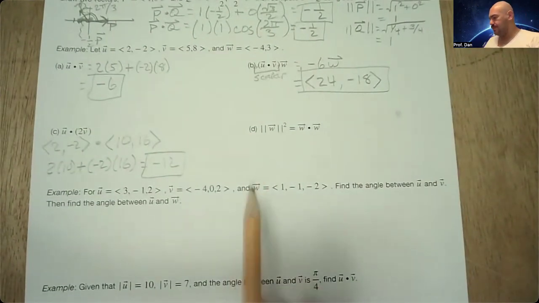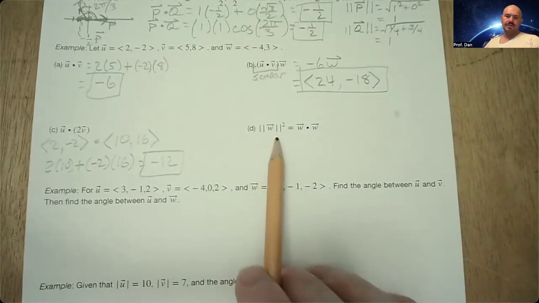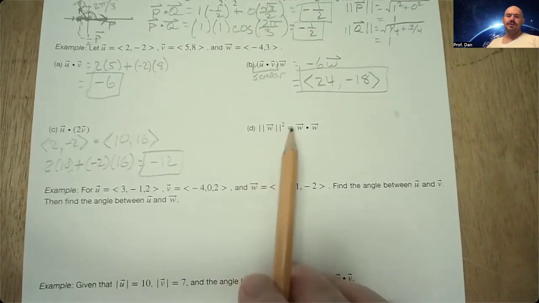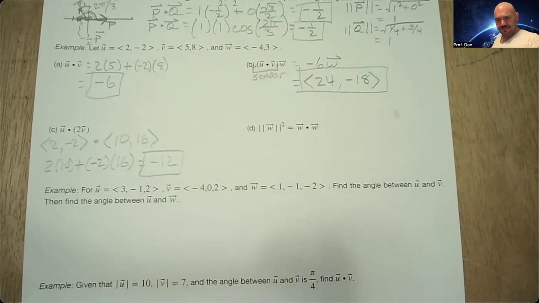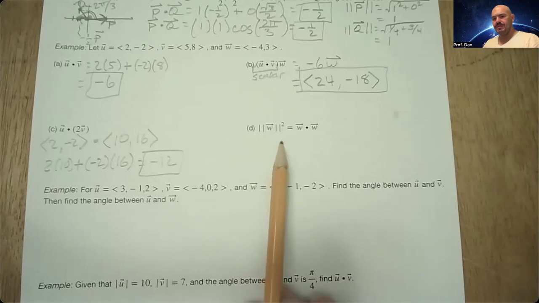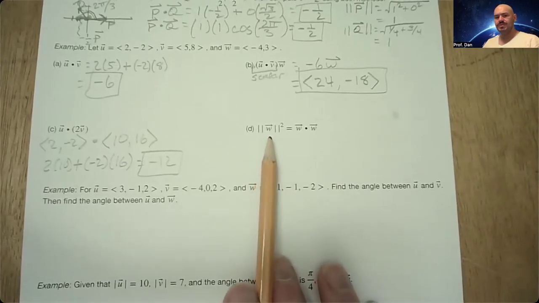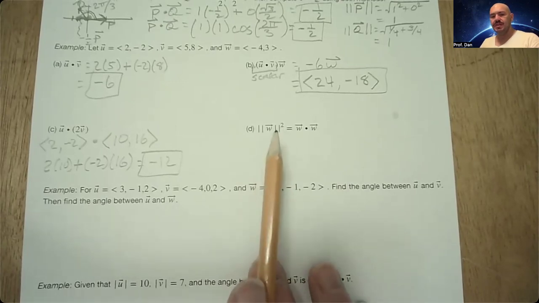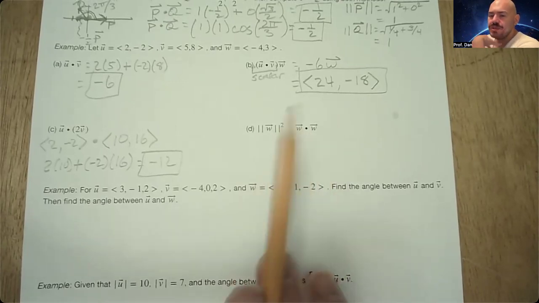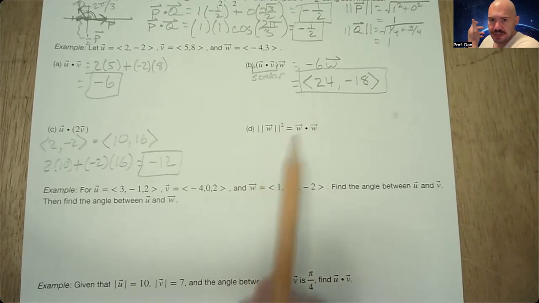And the last one, the magnitude of w squared. So this is a quantity that does also come up kind of in physics sometimes. In physics, they'll refer to it as norm squared, right? The magnitude squared, which you could get just using the magnitude formula.